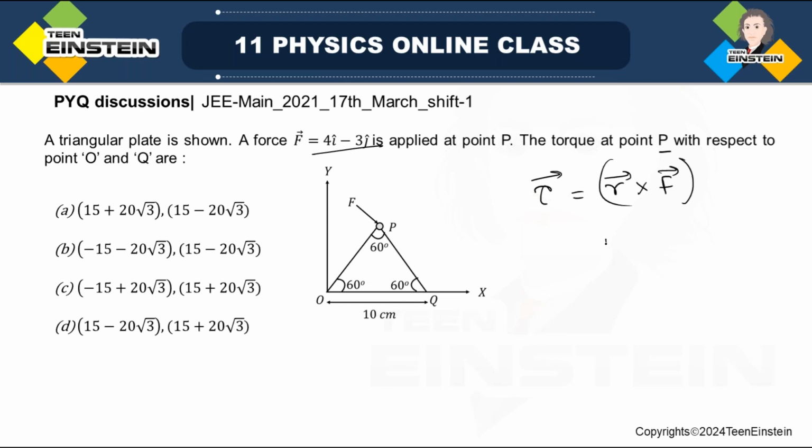Or you can say the magnitude of the force into the perpendicular distance from O. This will be magnitude into sine of the angle between the force and the perpendicular distance. Anyway, perpendicular distance means you don't have to write down this theta and all. So the perpendicular distance you have to find out.